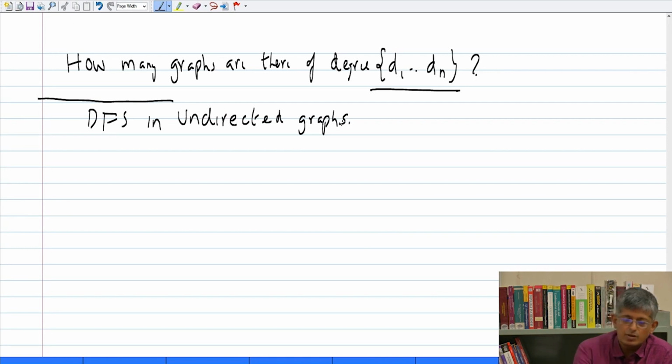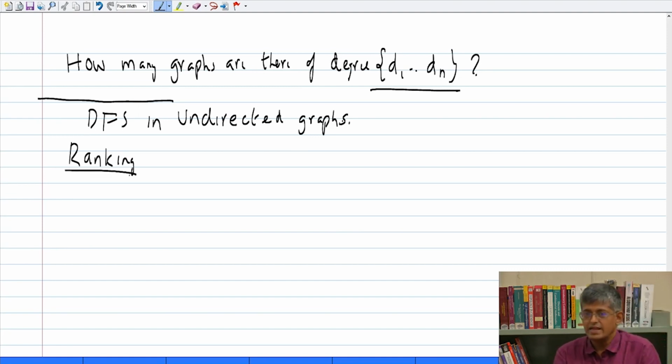Okay? So this problem is called ranking. It's a very interesting problem. We are going to consider a significantly simplified version of this problem.